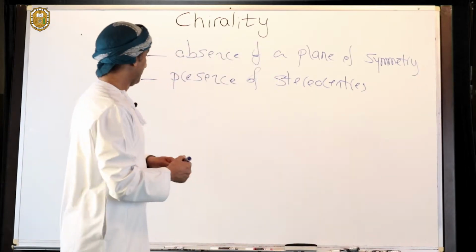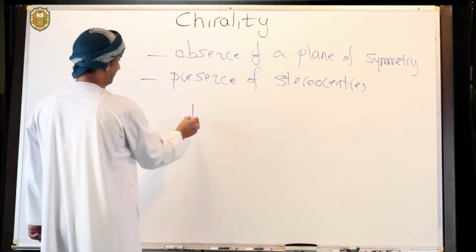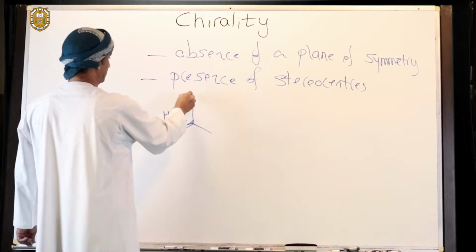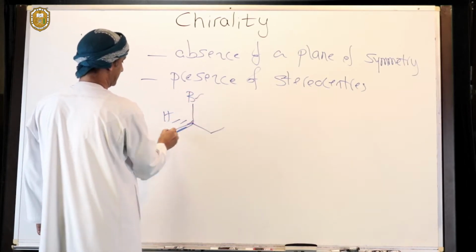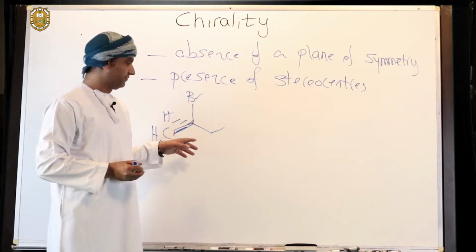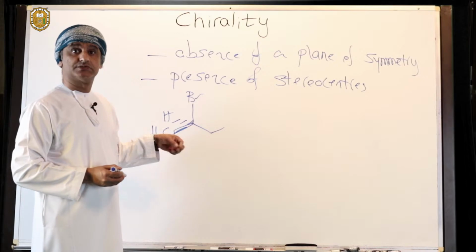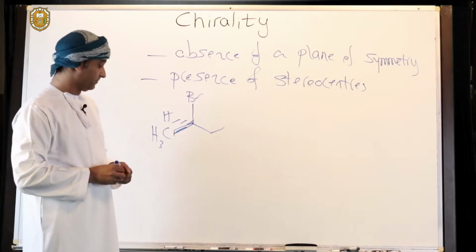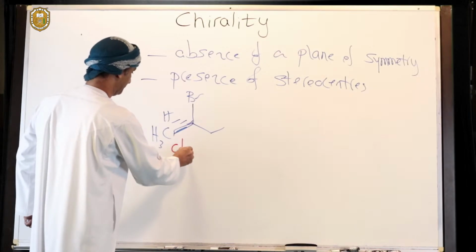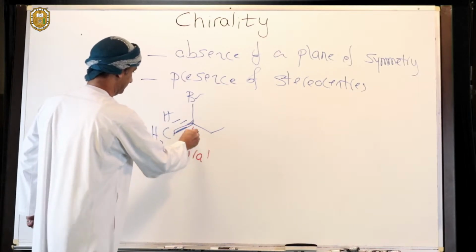For example, if you take something like that, 2-bromo-butane, obviously this carbon is chiral because it is surrounded by four different groups. So this carbon, therefore, is chiral.